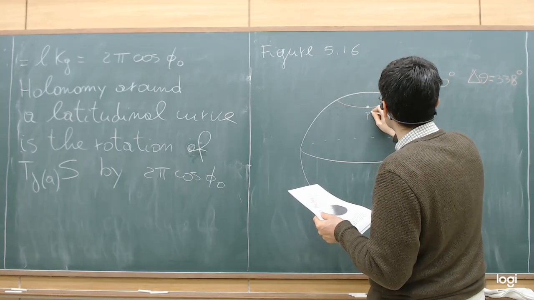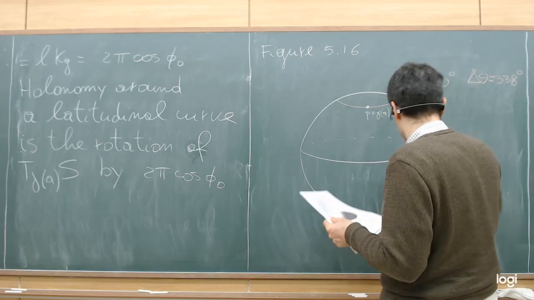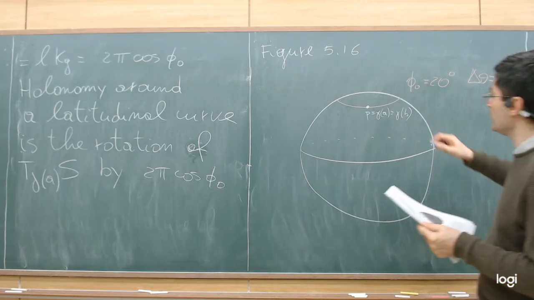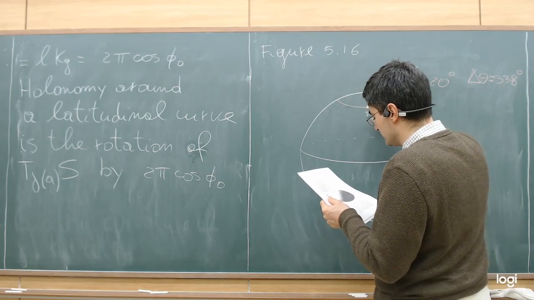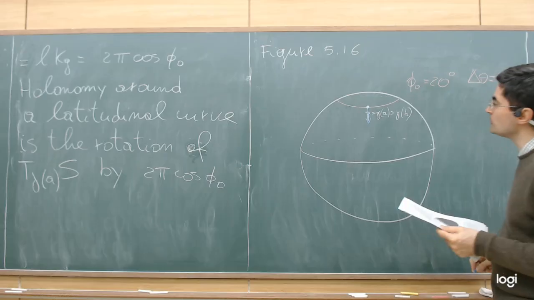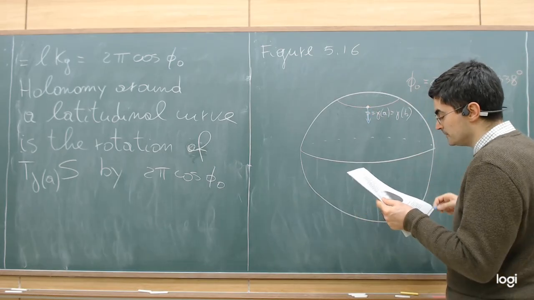Suppose that you start from the point P equal gamma A equal gamma B, with this vector, and then you take a parallel vector field along this curve.